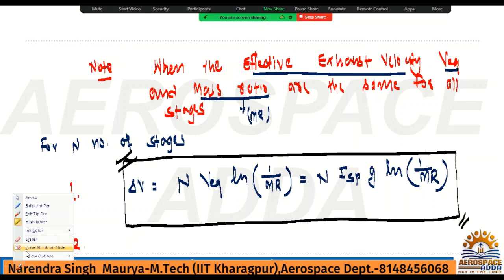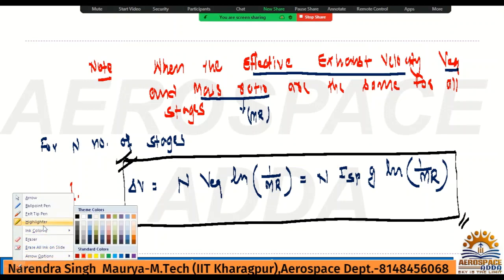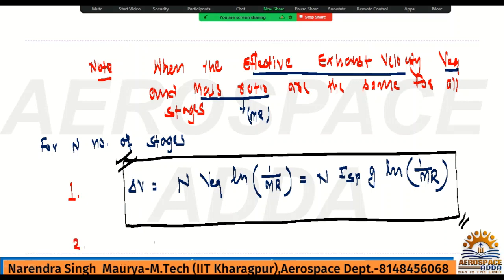I'm talking about overall payload ratio, not payload mass. So the payload ratio will be lambda naught, and this value will be lambda i to the power n, equal to the product of all payloads, or you can write in this format, product i equal to 1 to n, and this is nothing but lambda i.